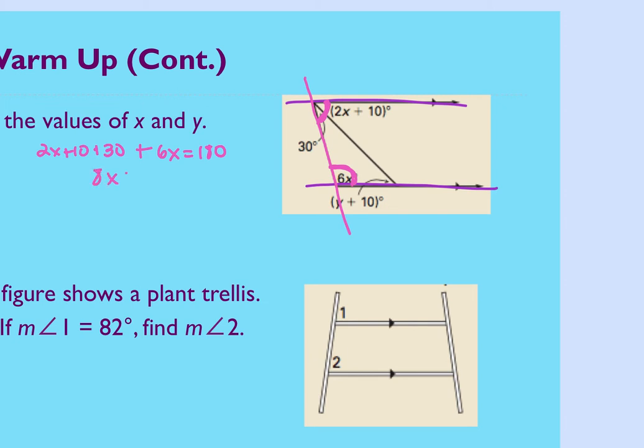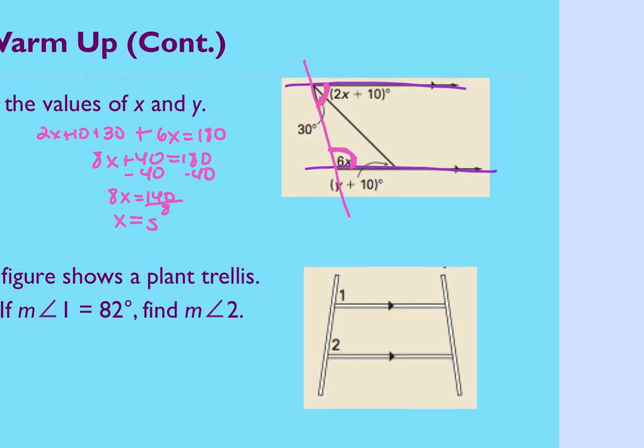So 8x plus 40 equals 180. Subtract that 40. 8x equals 140. And then x equals? It's 5. No, wait, it's not. How many times does 8 go into 14? 8 goes into 14 one time.